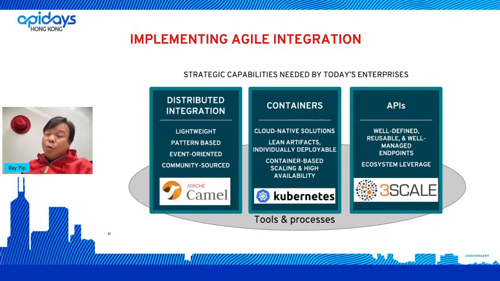The middle one is Kubernetes. It provides scalable deployment and a runtime platform for containers. You can use open source tools like Jenkins and Tekton to standardize the build and deployment process, that is, the CI/CD pipelines.